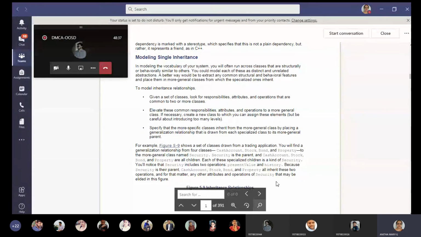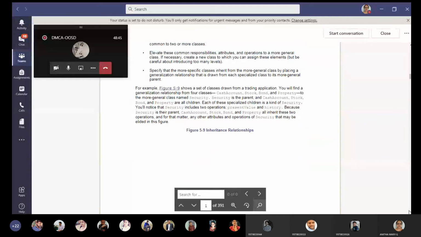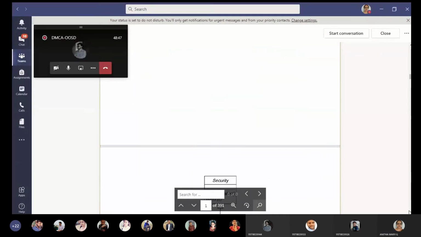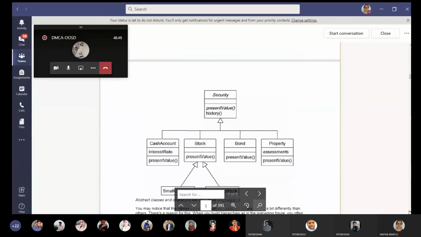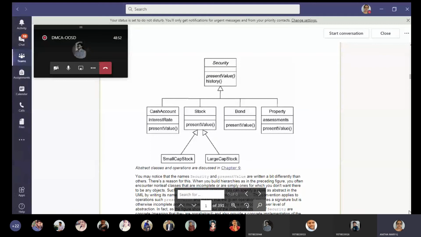Likewise, some classes are identified, and those classes are given using modeling single inheritance.